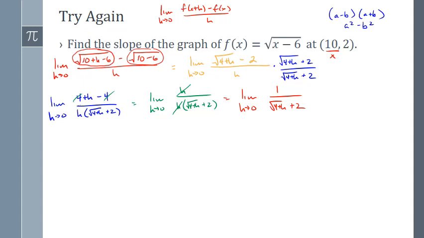Now I can evaluate it when h is 0. So direct substitution, that goes to 0. I get 1 over the square root of 4, which is 2, plus another 2, which is 1/4. So 1/4 is the slope of the graph of radical x minus 6 at the point (10, 2).